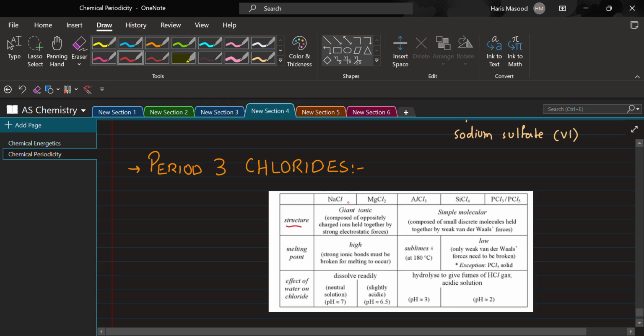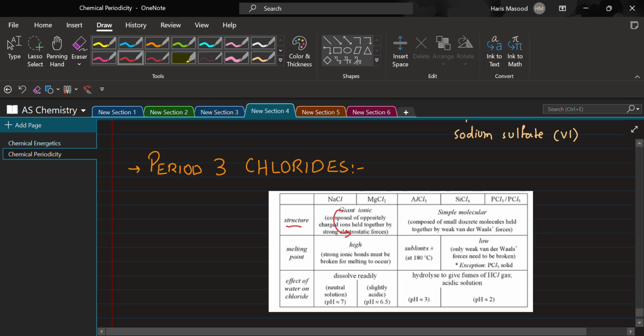For the structure, NaCl and MgCl2 are giant ionic. They have the 3D crystal lattice structure and strong ionic bonds, electrostatic forces. Then AlCl3, SiCl4, and PCl3 and PCl5 are simple molecular, with small distances and weak van der Waals forces. Melting point: giant ionic, so they will have a high melting point.